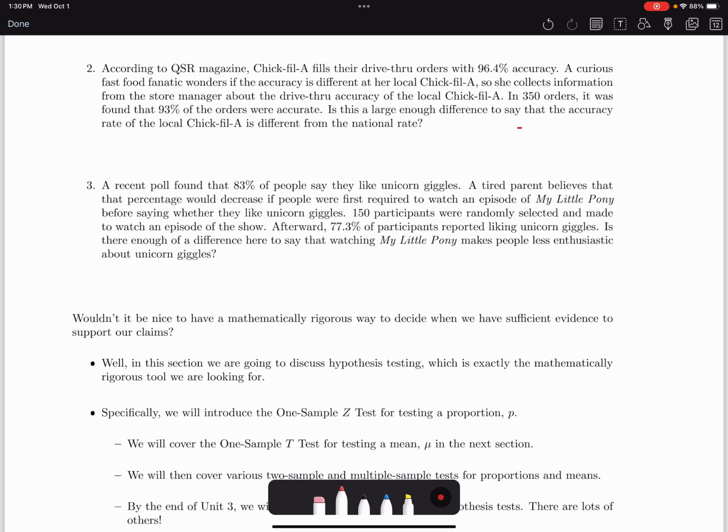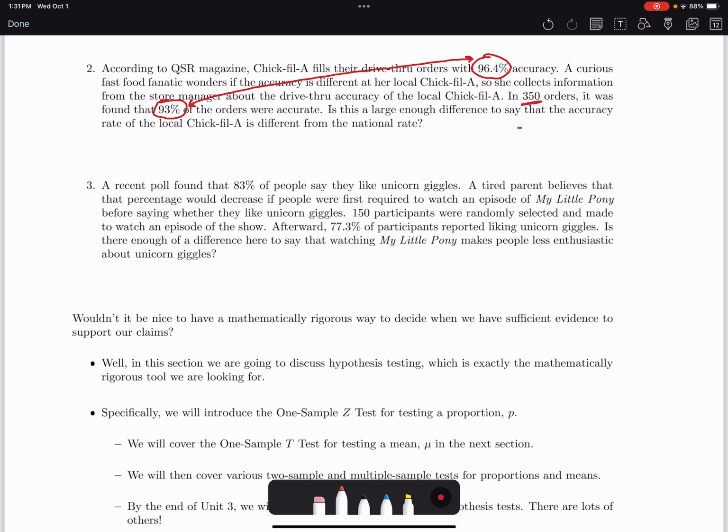Well, at the national level, the accuracy rate is 96.4%. And in our sample of 350 orders, the accuracy rate was only 93%. So that's like a 3.4% difference. Is that enough of a difference for us to say that our local Chick-fil-A is not as accurate? Or is it possible that that's just due to random chance?